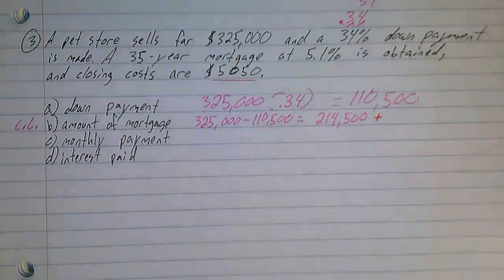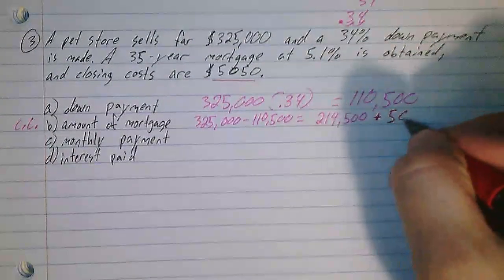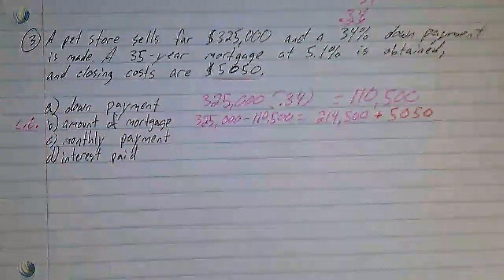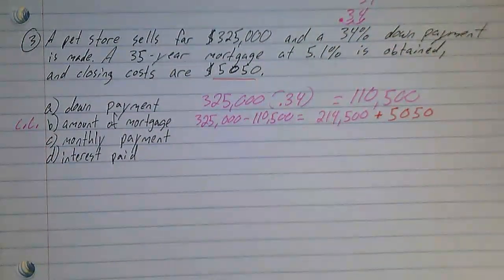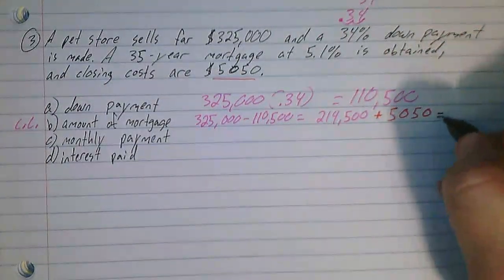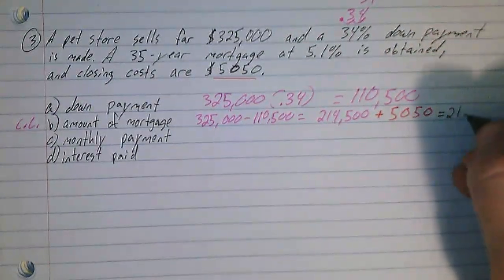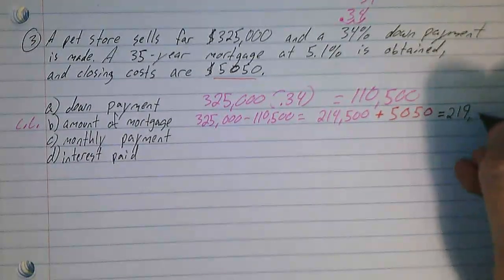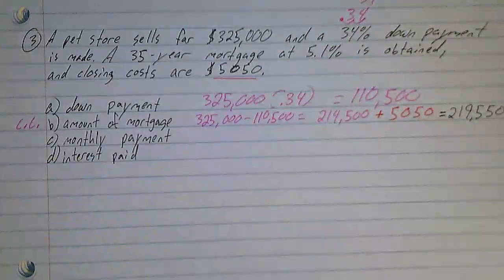We just have the money for the down payment. $5,050 plus $214,500 means we need to take out a loan for $219,550.